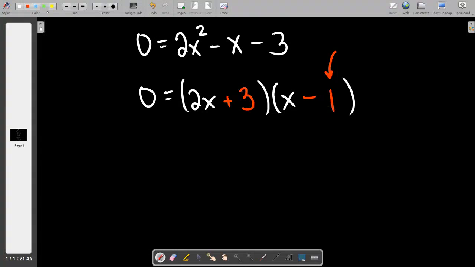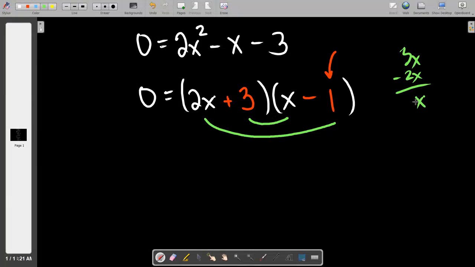Now, when we test these, hope it's all coming back to you, don't check the 2x squared and the minus 3. We already know that. We only test the ones we're not in control of. The 2 in the middle makes 3x, and the 2 on the outside makes negative 2x. 3x and negative 2x make 1x.